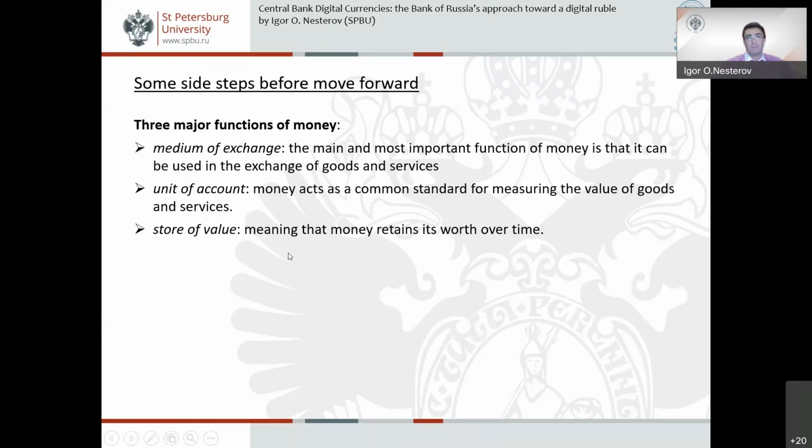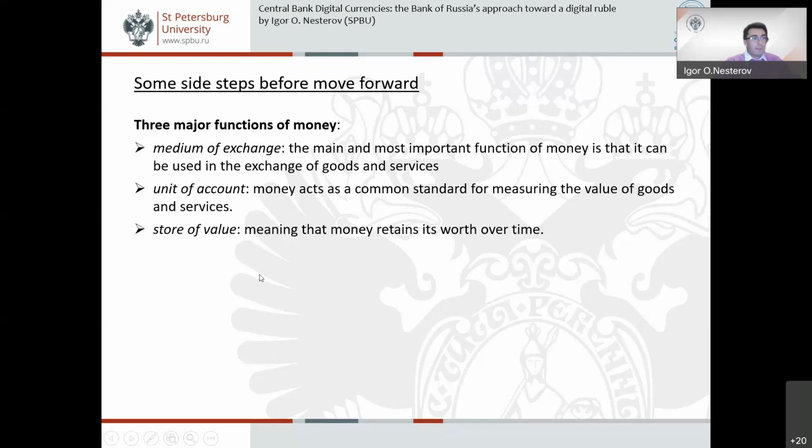And the third major function is store of value, meaning that money retains its worth over time. Well, according to these major functions, virtually any asset in the nowadays economic system can play the function of money.